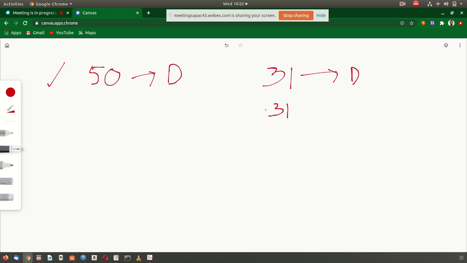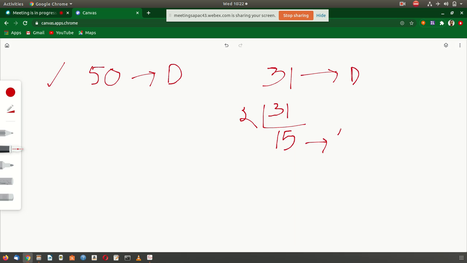31, start by dividing by 2. 31 cannot be divided by 2. So the closest number that is possible is 30. 2 into 15 is 30, but our number is actually 31.